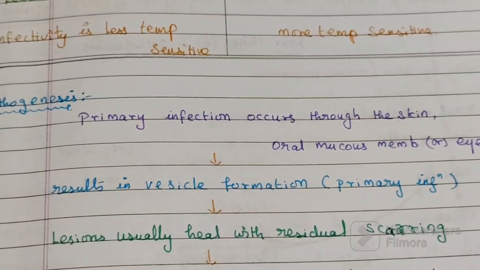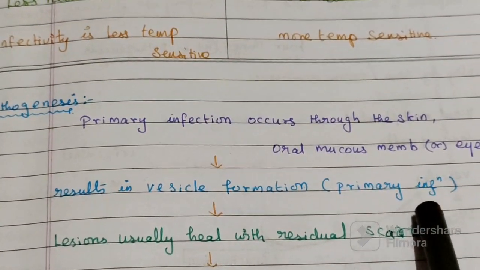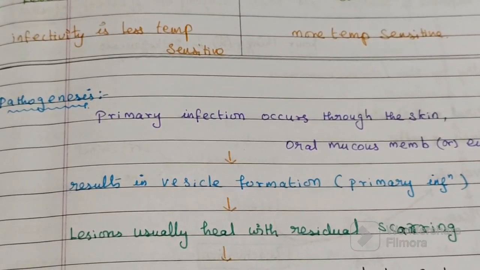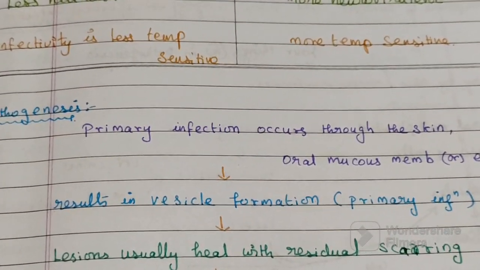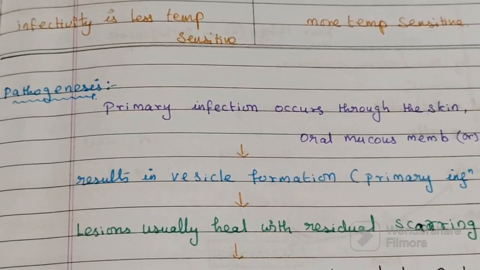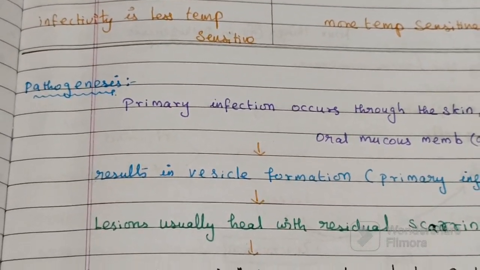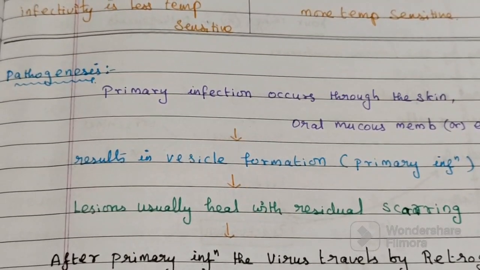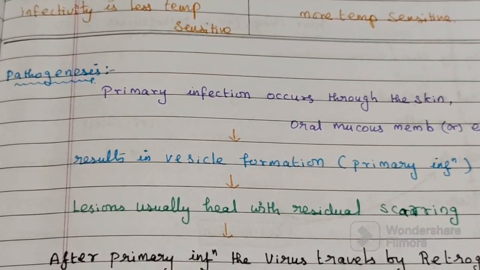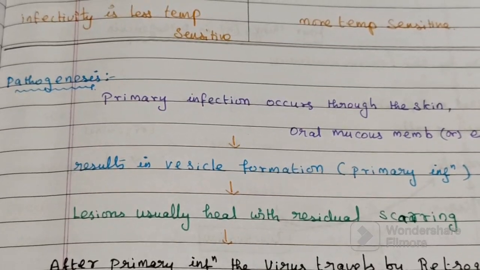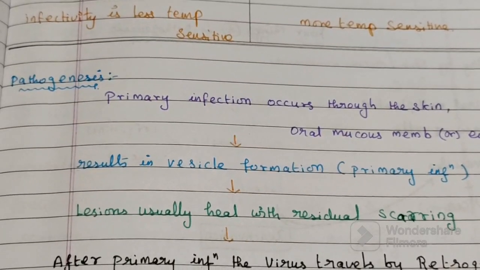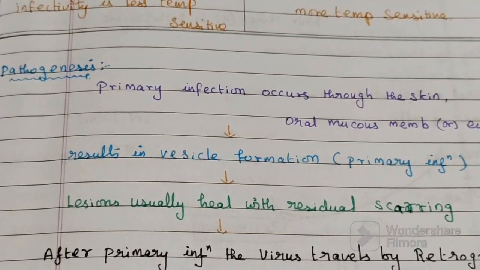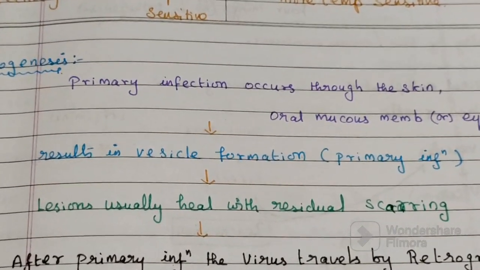This is called primary infection. Within a day or the next day, it causes lesions or vesicles like smallpox and chickenpox rashes, but the lesions usually heal with residual scarring.